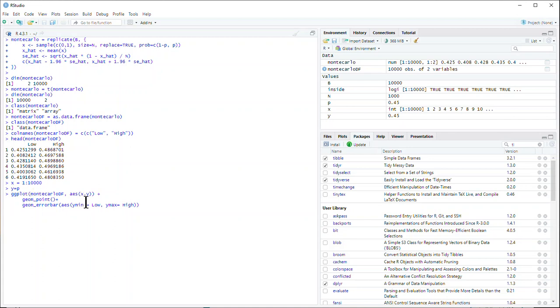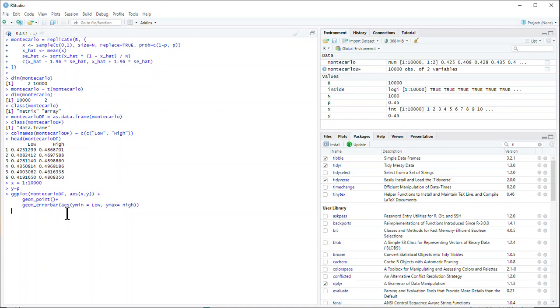For each of those x's, the y is the probability of 45%. And then here is this geom_point, so I'm going to put a point in the middle of that. And then I have this geom_errorbar.